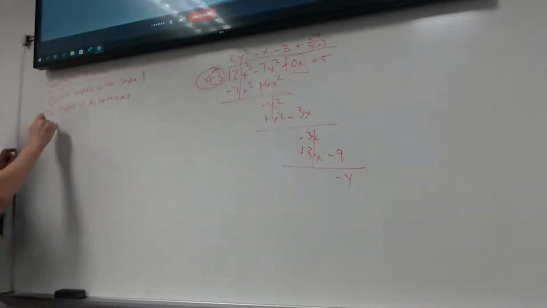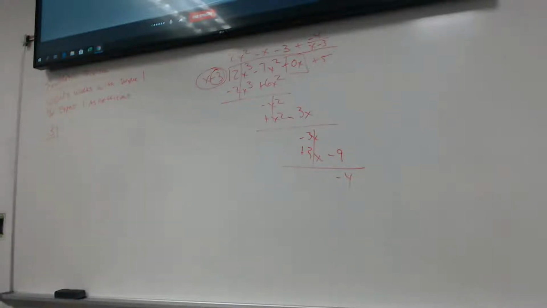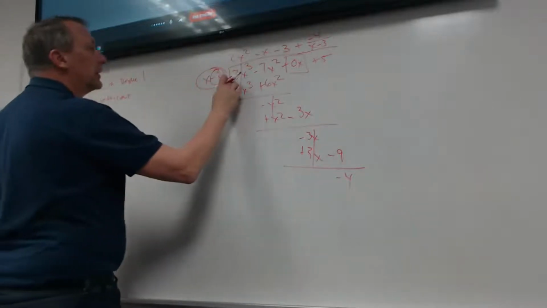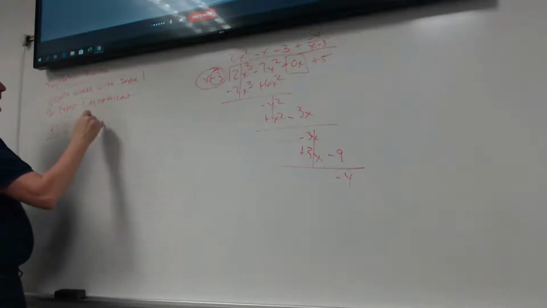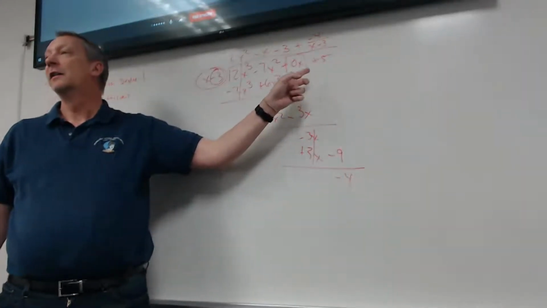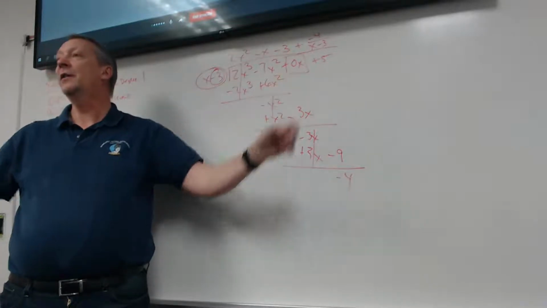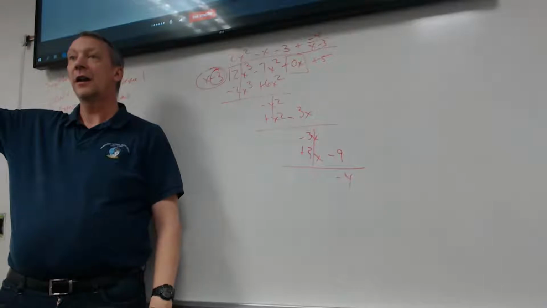So I'm going to put a little box here and put a positive 3 there. Then I'm going to write the coefficients here: 2, negative 7, and then I'm going to put a 0 here. Now I want you all to say, I will never ever forget to put the 0 in. Okay, this is on video.